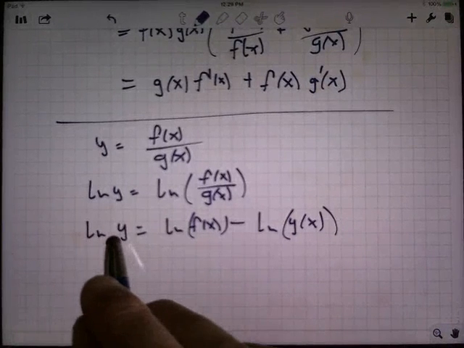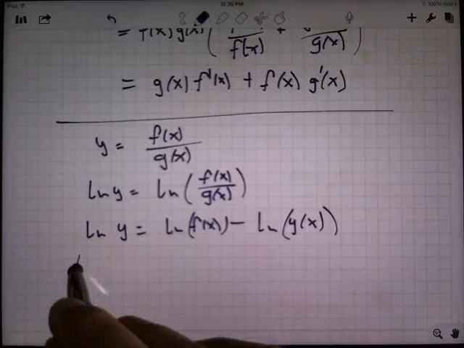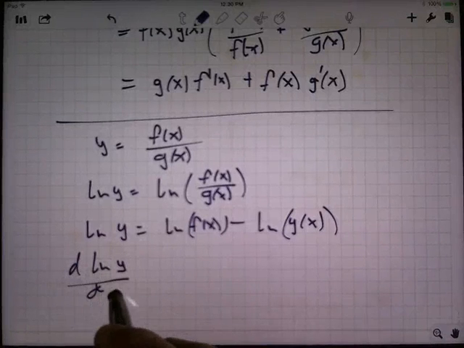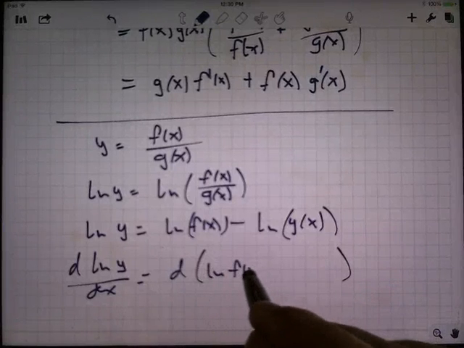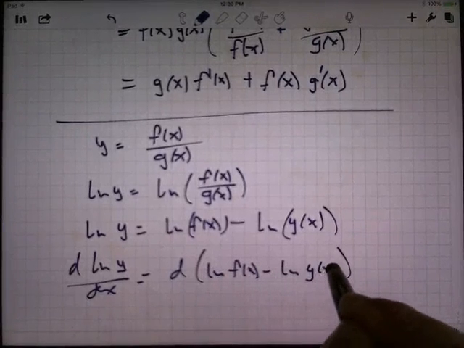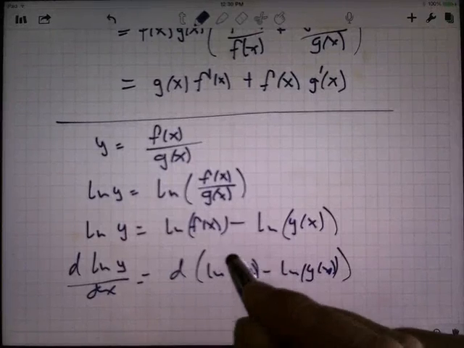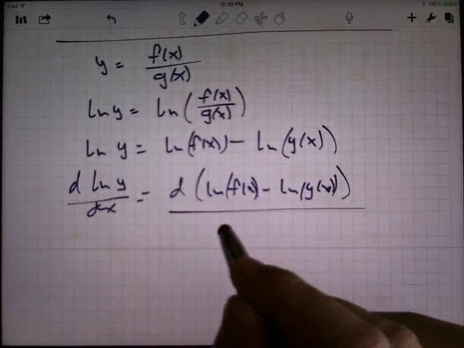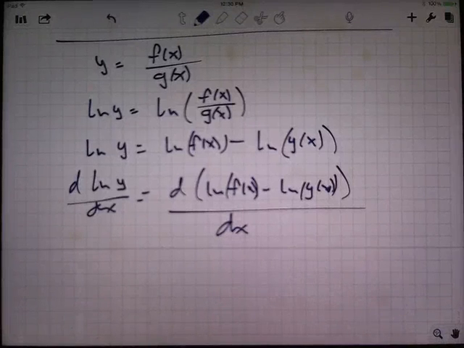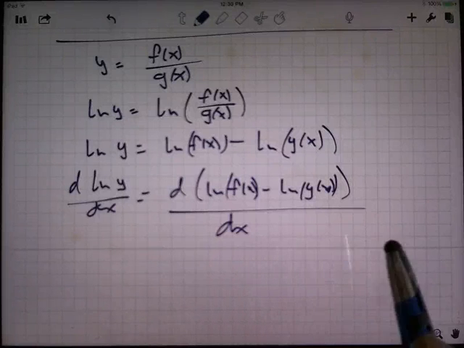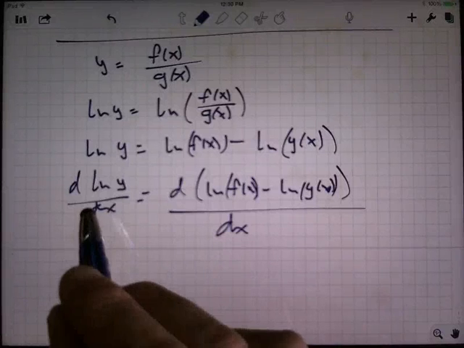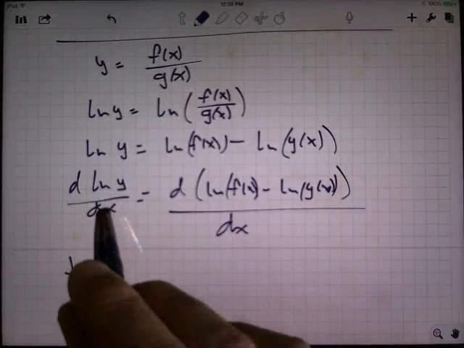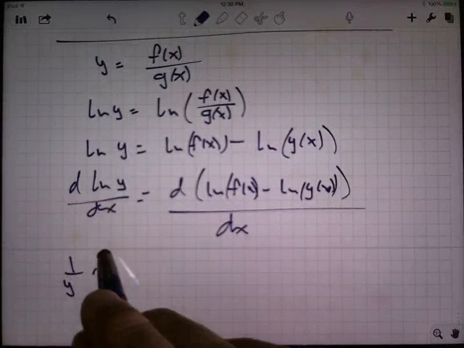Implicitly differentiate. The derivative of natural log y with respect to x equals the derivative of all this stuff, natural log f of x minus natural log g of x, with respect to x. So the derivative of the natural log of y would be 1 over y times the derivative of y.